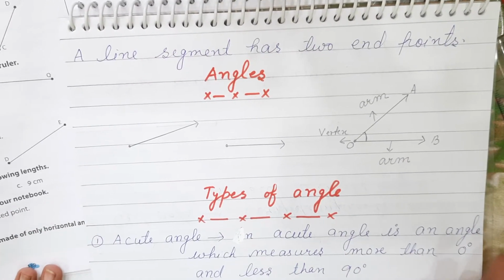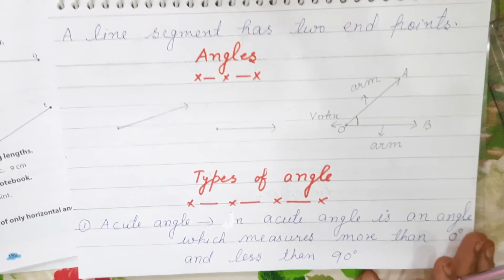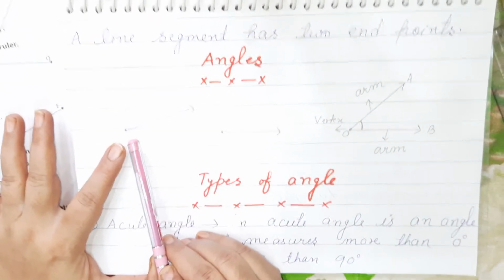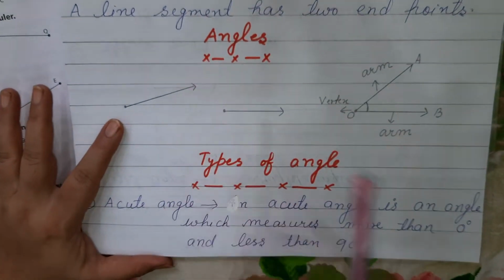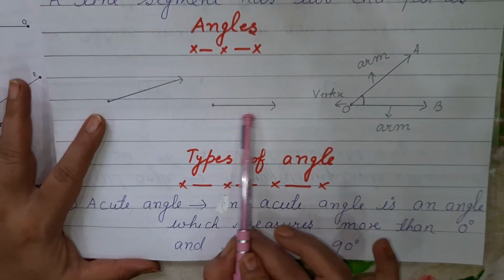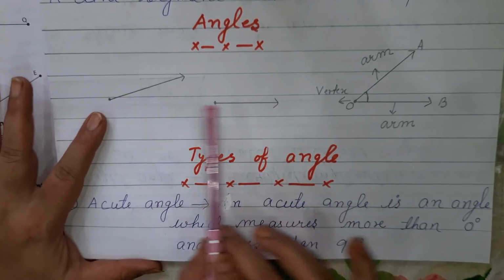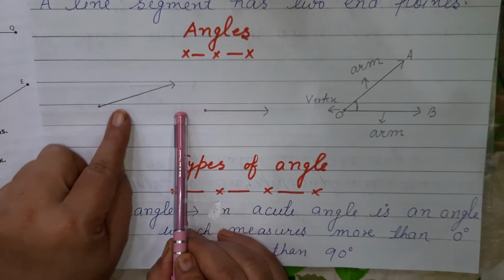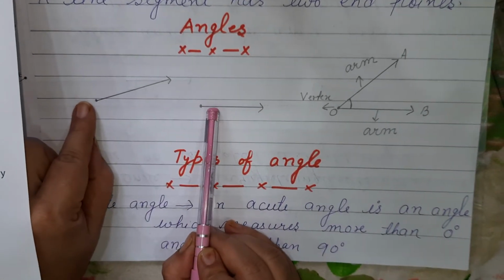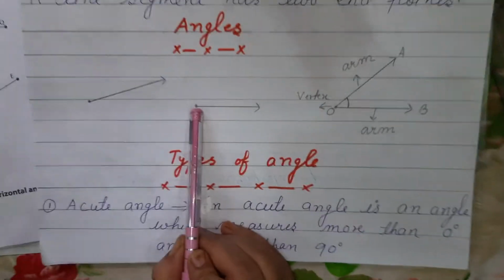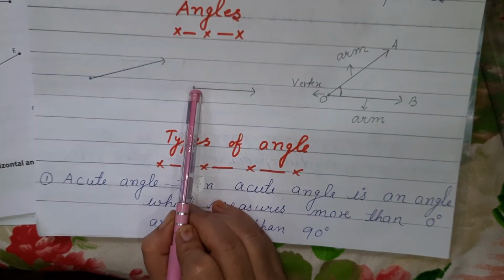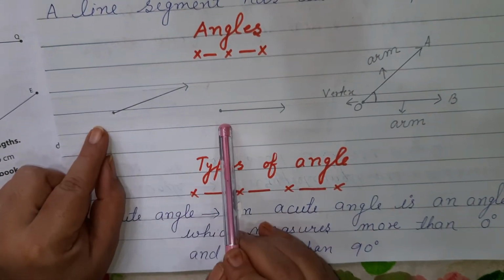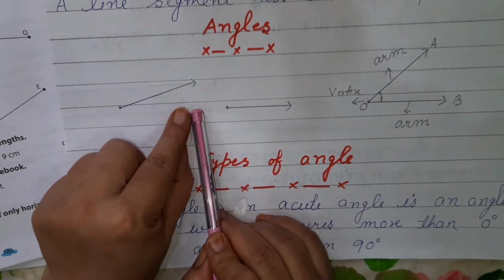Now next topic is angle. Students, suppose I have one ray and a second ray. I have two rays. Now this end point, this end point, I am joining these two end points here.